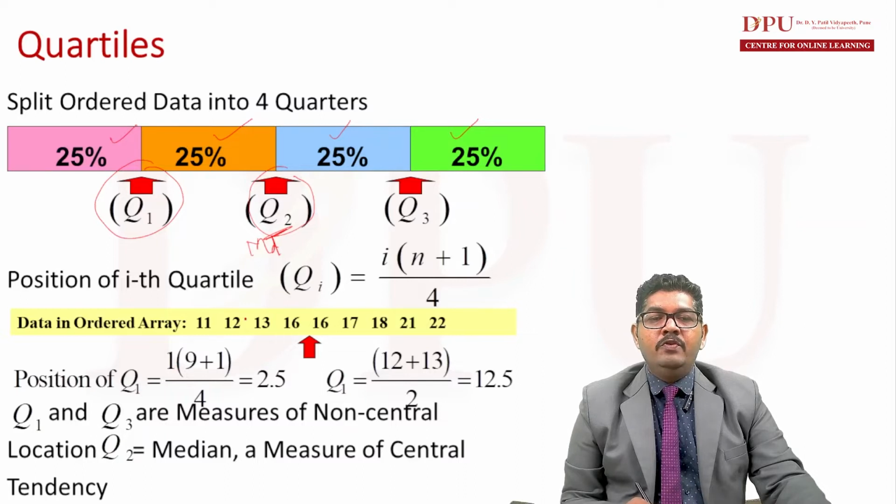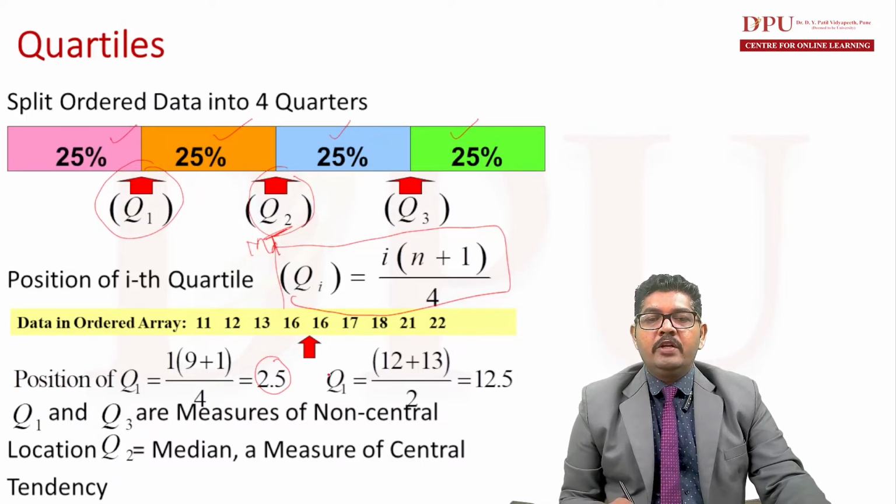We are using this particular formula. Then n is the number of observations, 1, 2, 3, 4, 5, 6, and these are the 9 observations. So 1 multiplied by 9 plus 1 divided by 4. So this is 2.5. So the position of Q1 is 2.5.